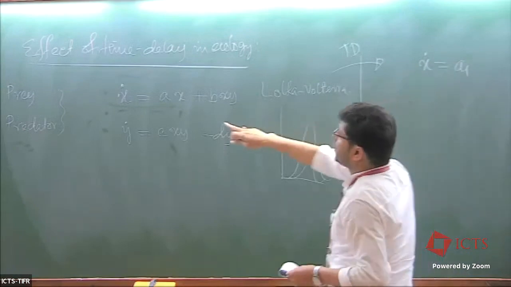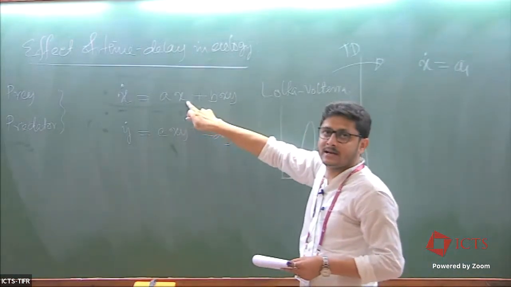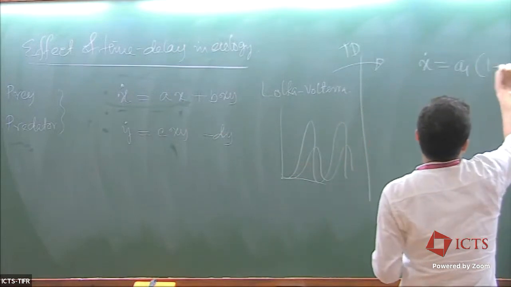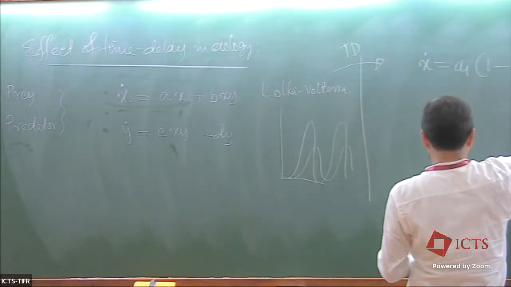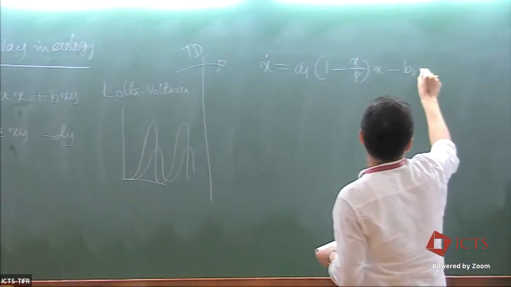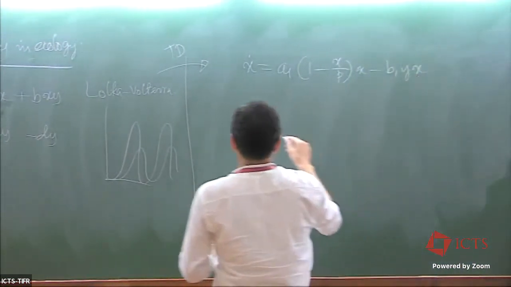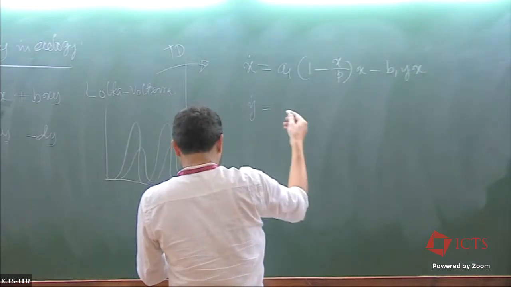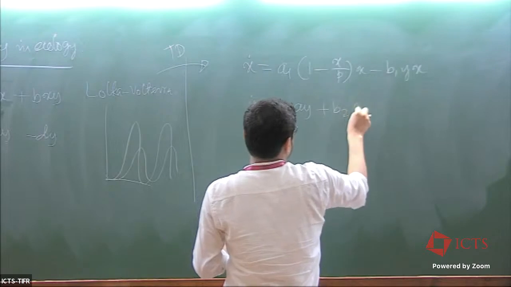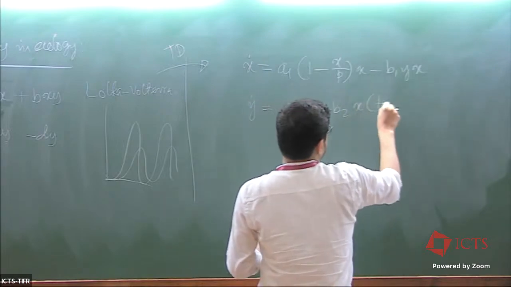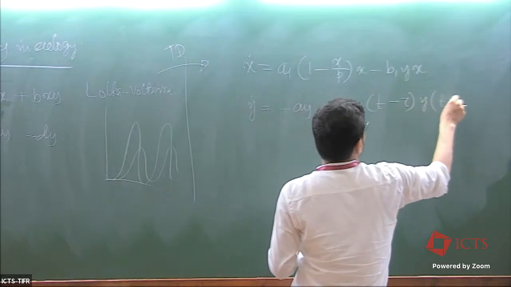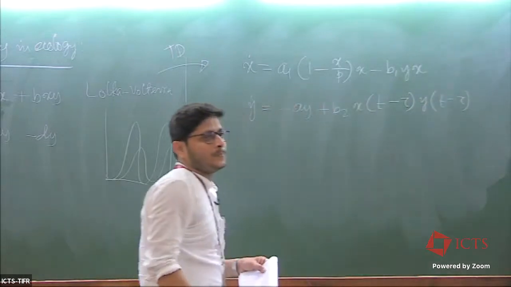Suppose we are omitting the growth term and including the logistic equation. So X dot is equal to A1 times 1 minus X by P, times X, minus B1 XY, and Y dot is equal to minus AY plus B2 X of t minus some time tau, Y of t minus some time tau.